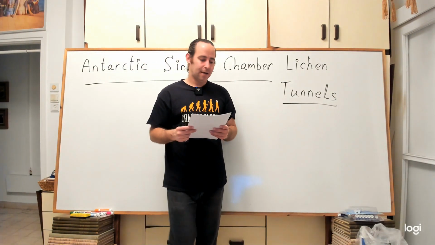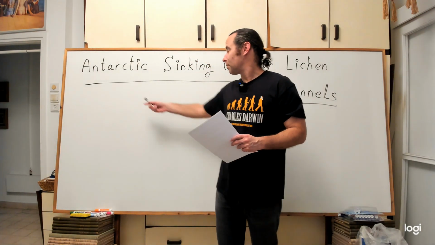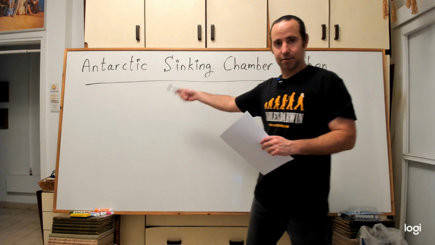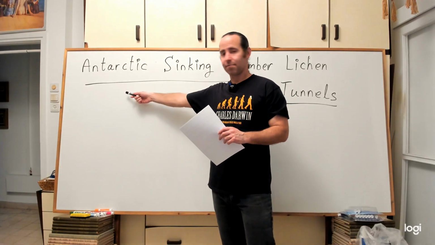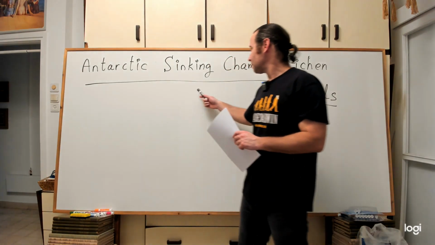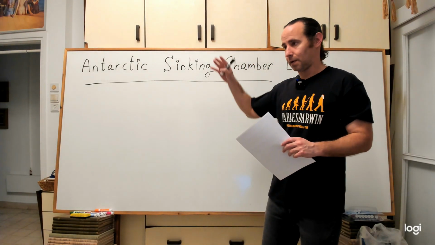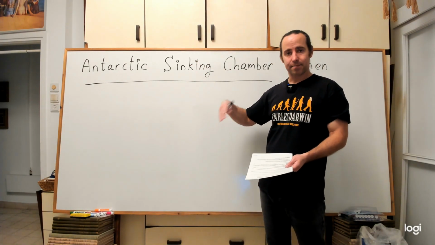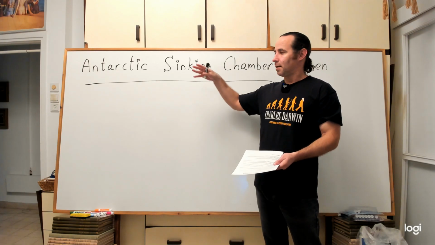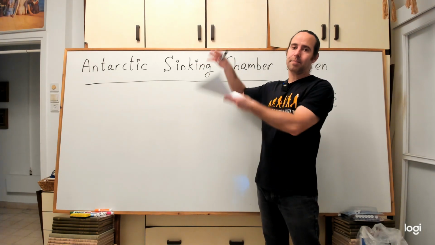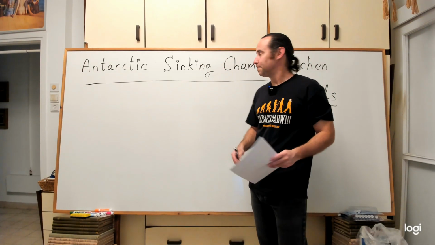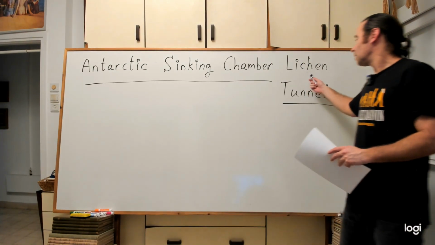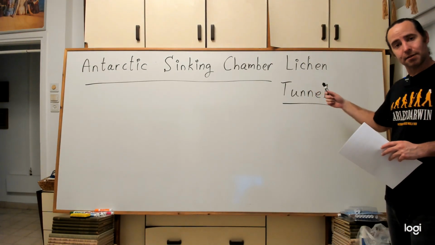Okay, so first of the words, Antarctic is from Antarctica, the 7th continent. Sinking chamber is where you put gases, and over time, after a long time, the light gas comes up and the heavy gas comes down. And the lichen is, we talked about this in another invention.